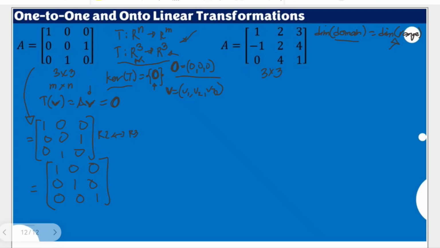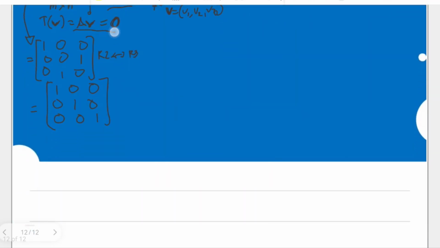Now with this, we're going to solve for vector V that satisfies this condition. You will have here 1, 0, 0, 0, 1, 0, 0, 0, 1. And by the way, if you have your reduced row echelon form, it's very easy to solve for the components of your vector V and equate this to the zero vector in R3.